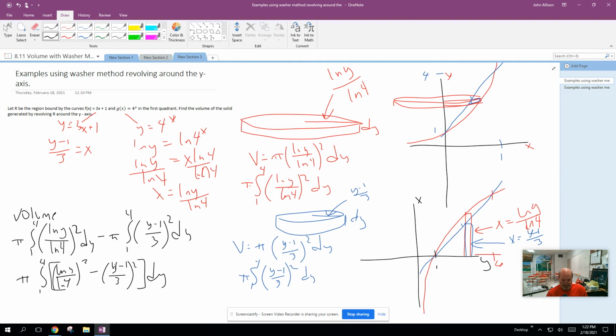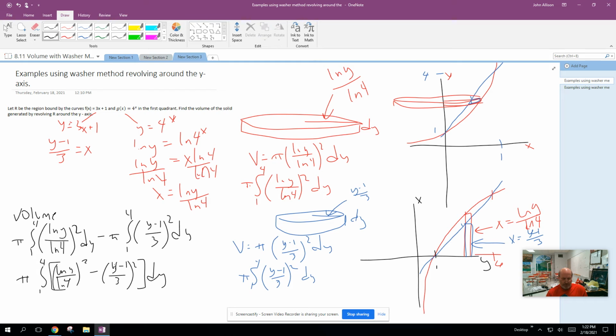I'm going to put x minus 1 in the calculator, over 3, then parentheses, I'm going to square that, then integrating that again in the calculator with respect to x.